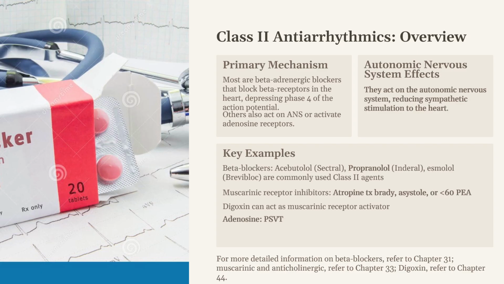What do the betas do? Do we know? It's the sympathetic nervous system, right? That's what you're thinking of when you think of alpha and beta in adrenergic. It is the sympathetic nervous system.